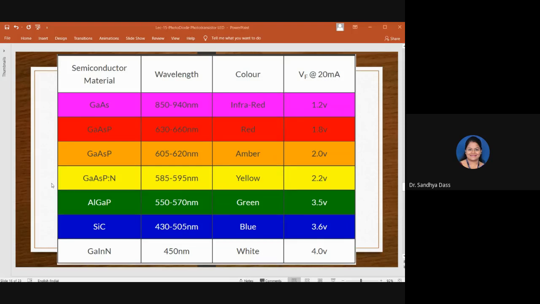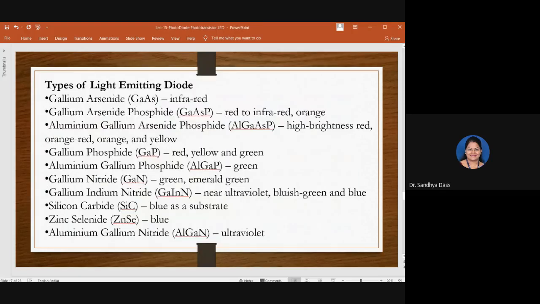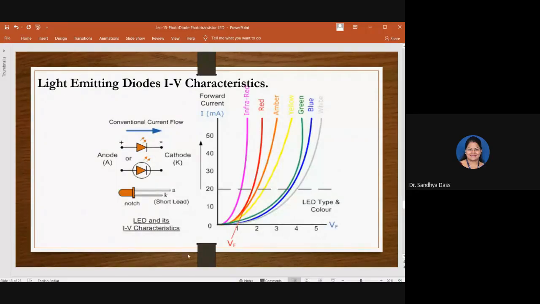So the typical VI characteristic, and again the list is given here, the types of LEDs, indicating the color of the LEDs and the semiconductor material. And the VI characteristics are shown here. Most common LEDs require a forward operating voltage between 1.2 to 3.6 volts with a forward current rating of 10 to 30 milliamps.